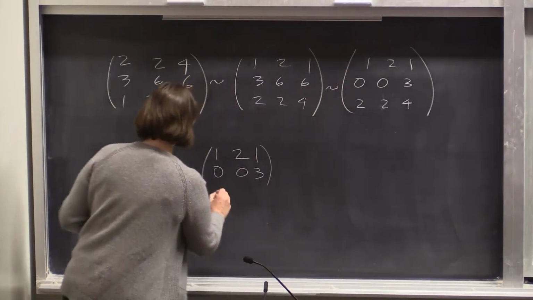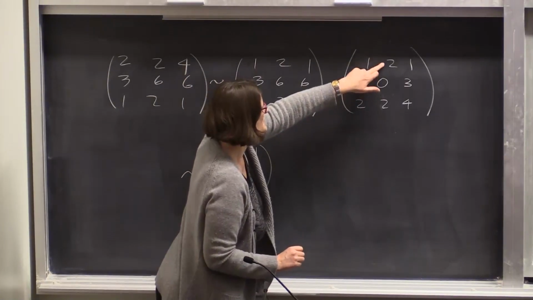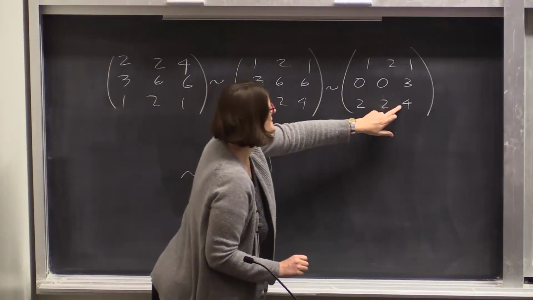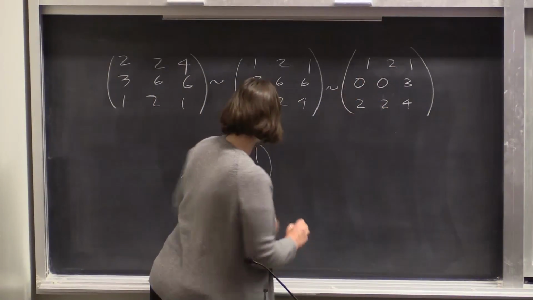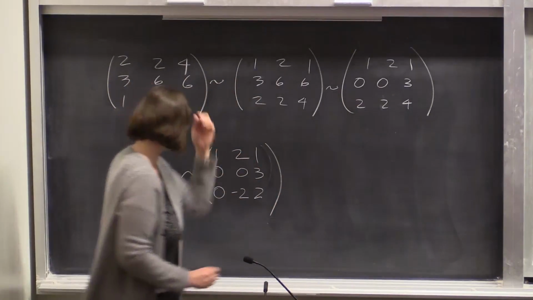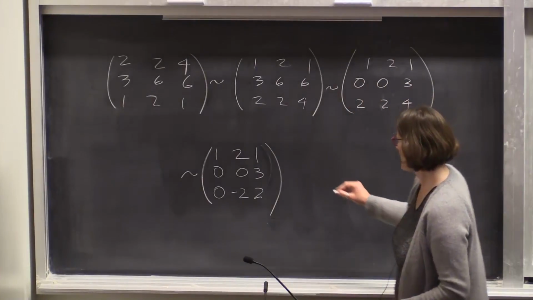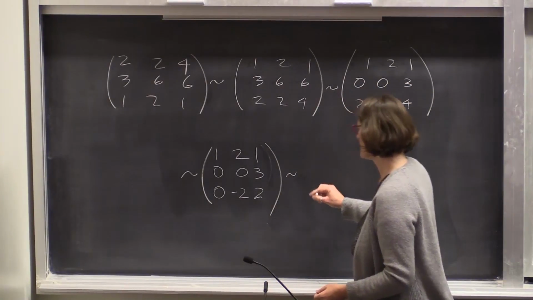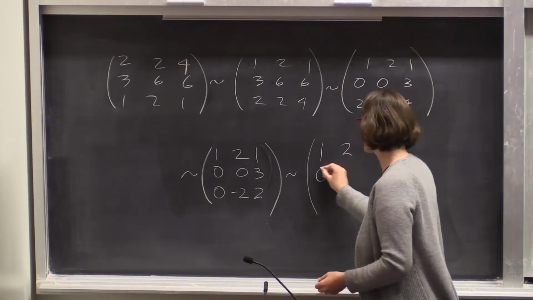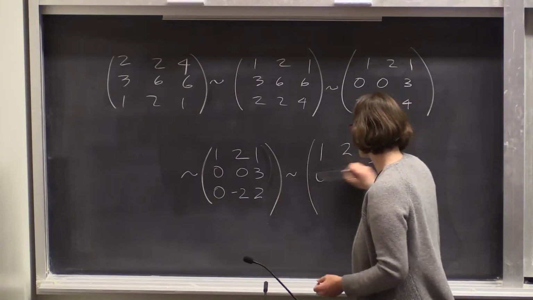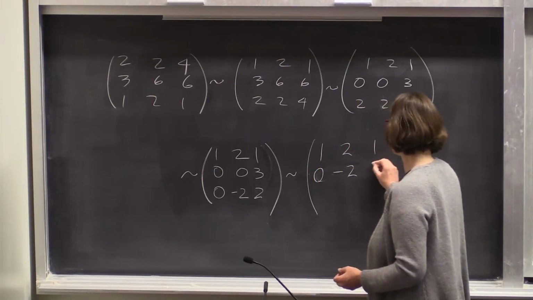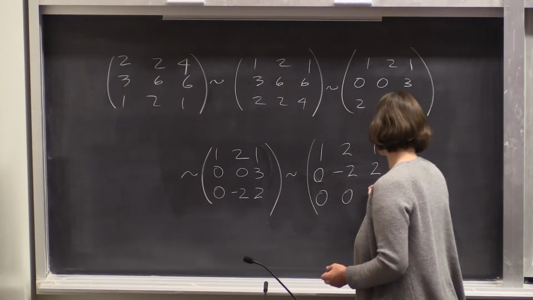This minus 2 of that is 0. This minus 2 of that is minus 2. This minus 2 of that is 2. Whoops. Now, if I want, I could swap the rows. 1, 2, 1, 0, minus 2, 2, 0, 0, 3.